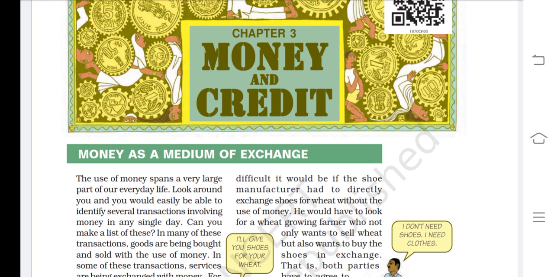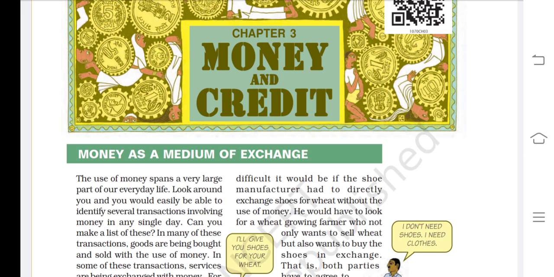So we have the definition of money: you give a person money and he will give you some goods or services. It is a medium of exchange.